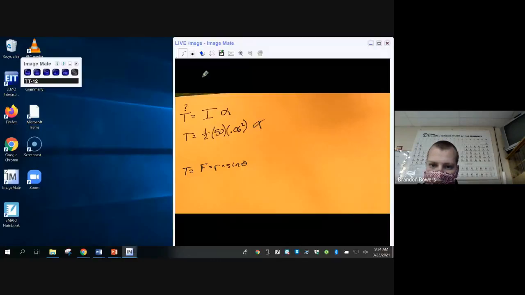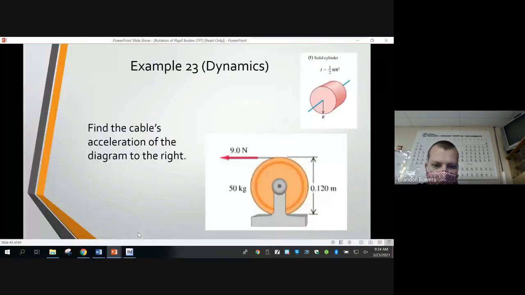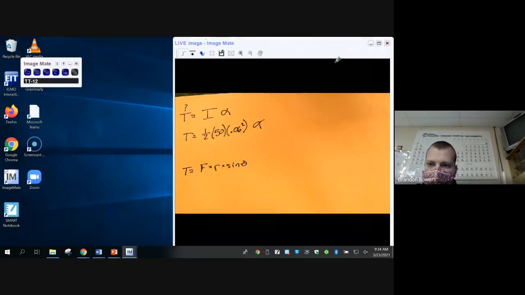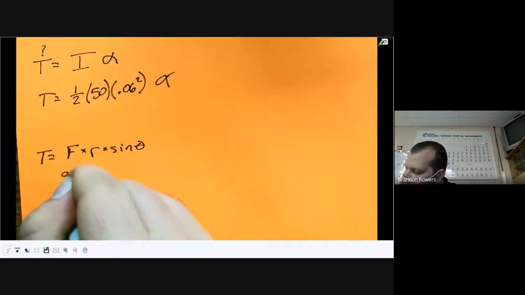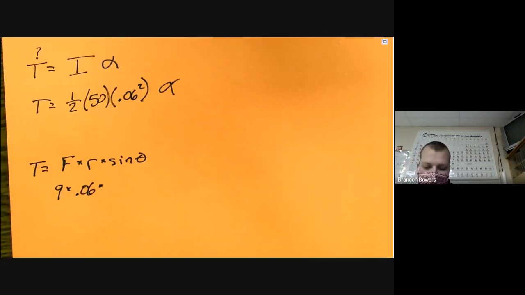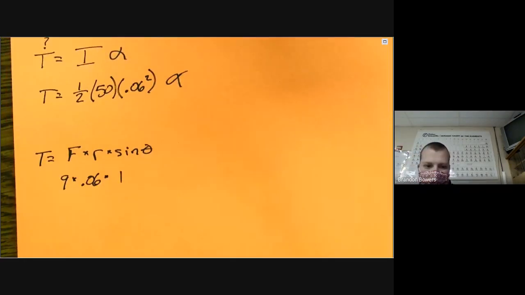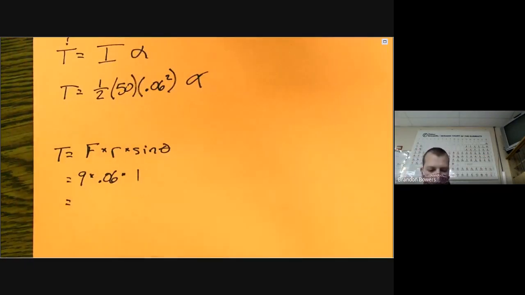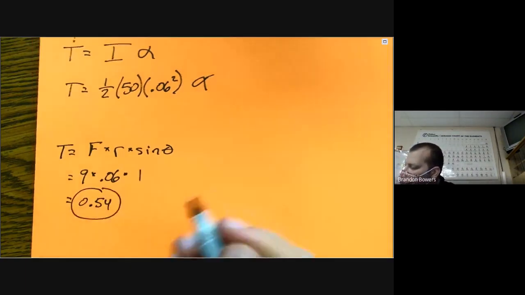Looking at the problem, my force is 9 times the radius, which is 0.06, times sine of 90, which is just 1. So torque should have equaled 0.54, and this is what you can plug in there.